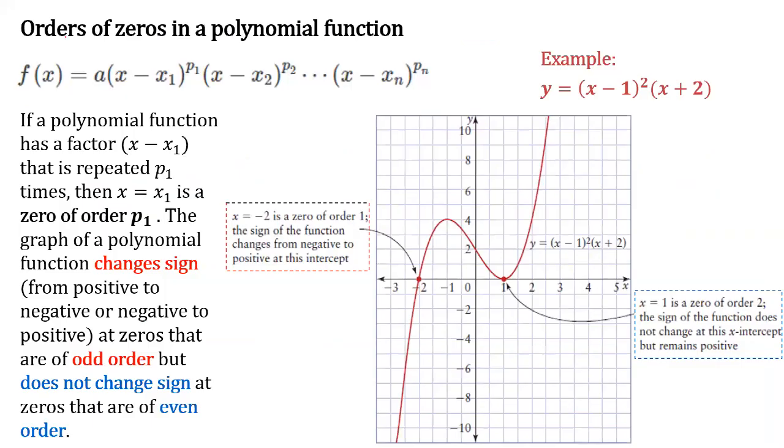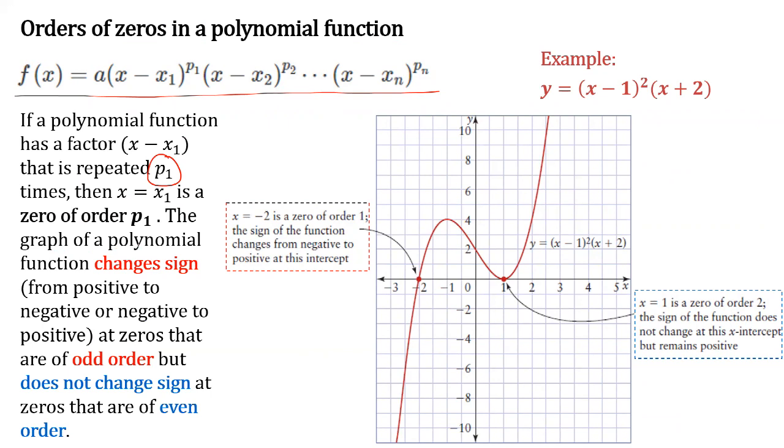All right. Now let's have a look at orders of zeros in a polynomial function. Suppose a polynomial function can be expressed in this form. If a polynomial has a factor (x - x1) that is repeated p1 times, then x = x1 is a zero of order p1. Here p1 is called the order of that zero.